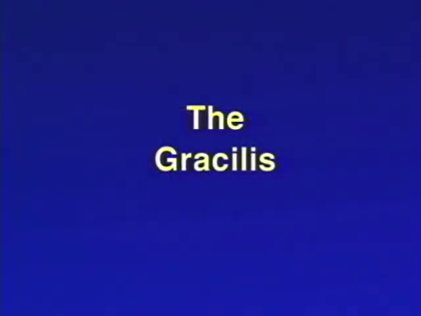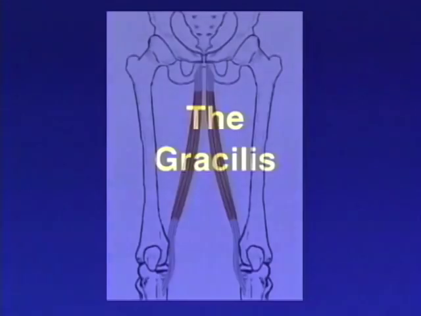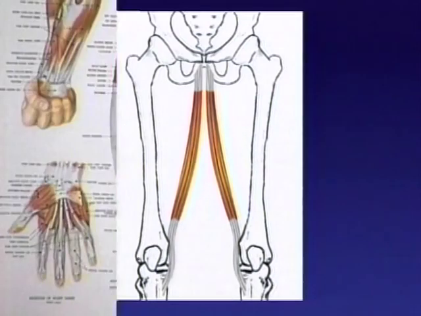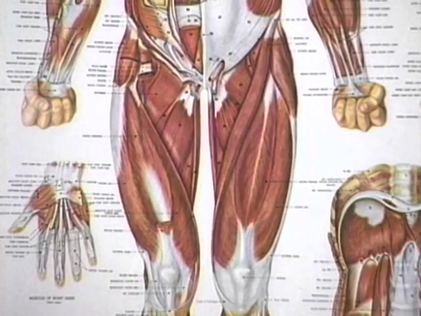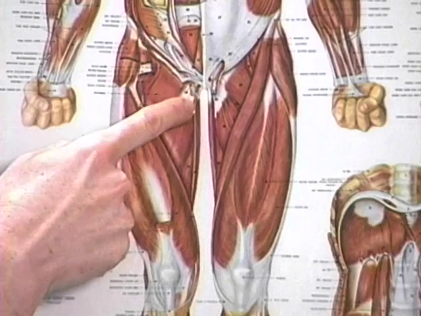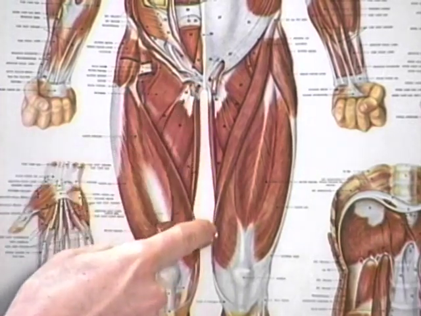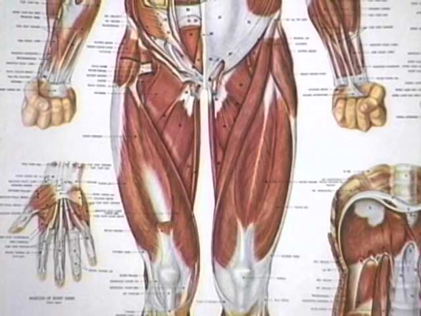And to finish with the anterior muscle groups, we'll discuss the gracilis. The gracilis originates on the inner edge of the descending ramus of the pubis. It inserts in the anterior medial surface of the tibia below the condyle. So similar to the sartorius, the gracilis is a long, thin strap of a muscle. On the diagram, we can see it here, running down the medial aspect of the thigh.